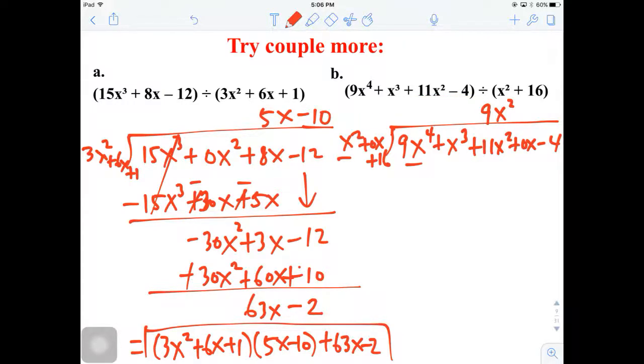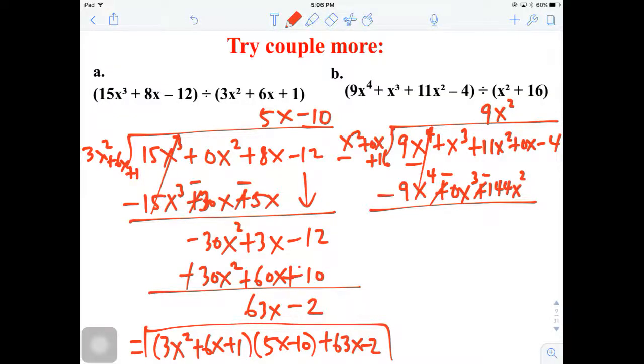So I should have 9x to the 4th plus 0x cubed, and the last term here is plus 144x squared, and I'm going to change signs, and that's going to be gone for the x to the fourth.